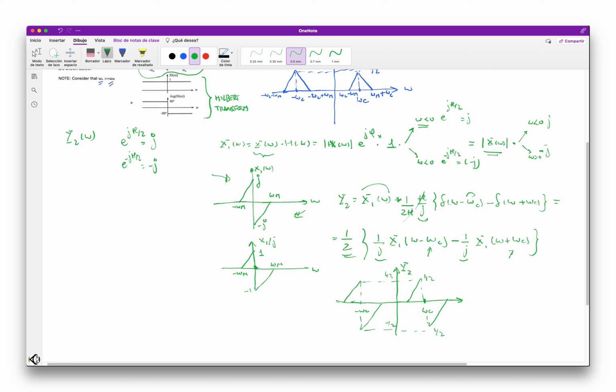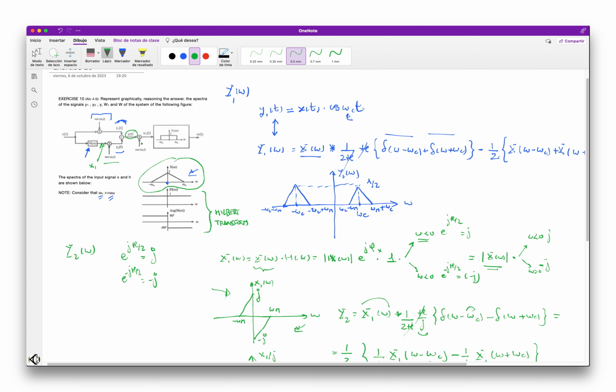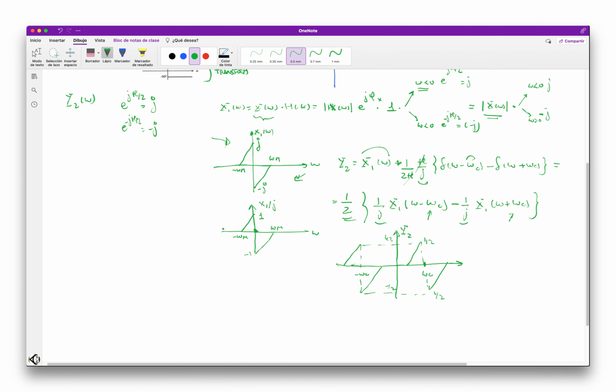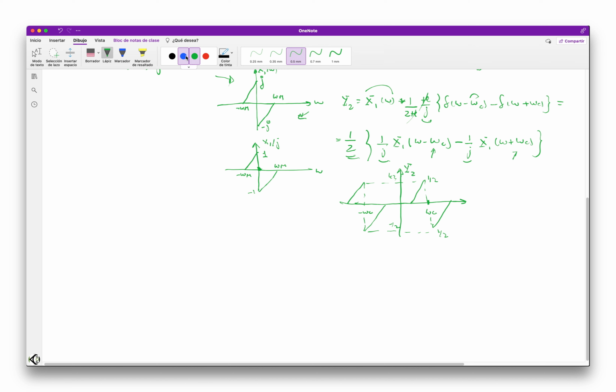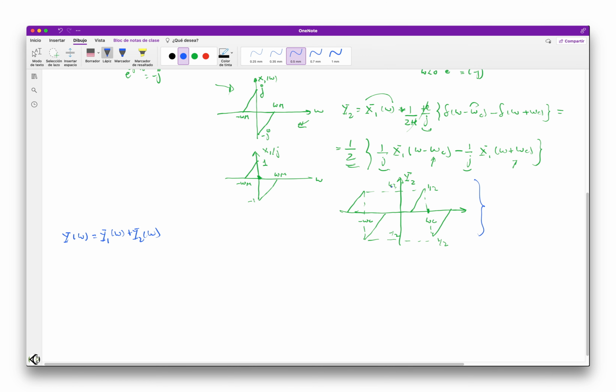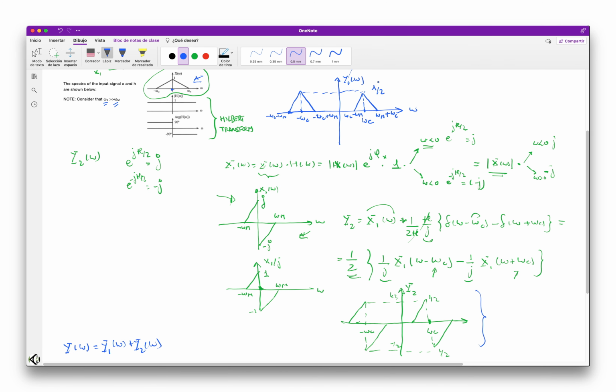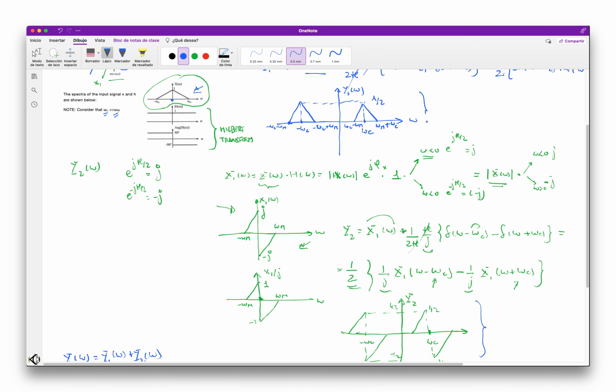Okay, let's go now to y of t. So y of t is adding y1 to y2. So let's calculate here y of omega. So y of omega will be y1 plus y2. We need to add this signal with this signal over here.